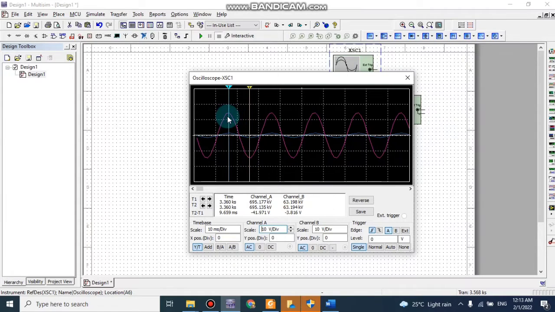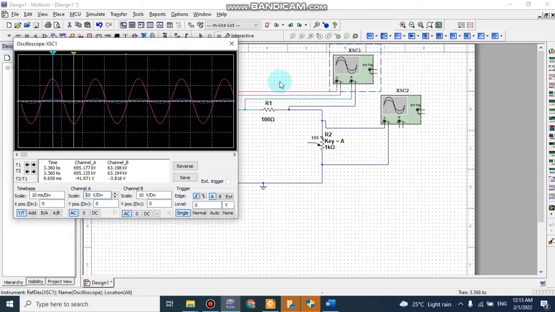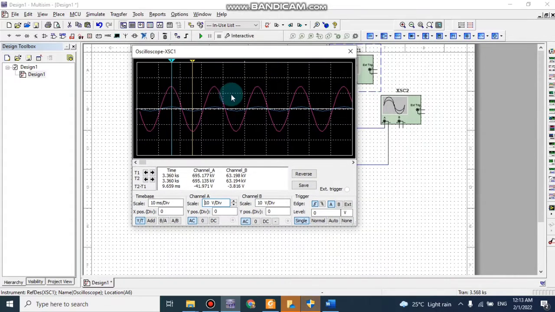On the time frame 1, the V peak for channel 1, actually the pink color is controlling the VAC supply, meanwhile the blue color is controlling the VR1. So as you see here, the waveform of pink color is the VAC supply, meanwhile the blue color waveform is controlling the VR1.